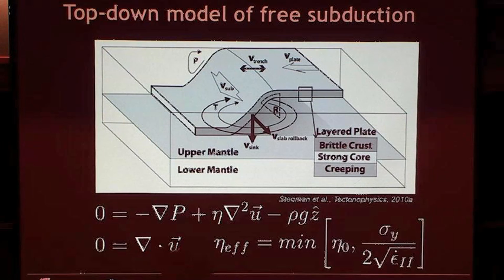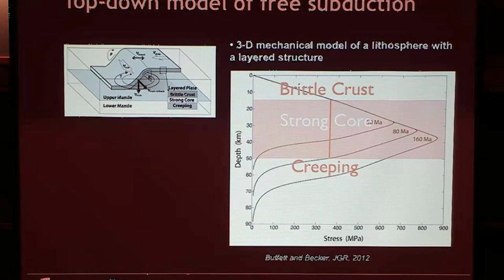And I just wanted to show what we've described empirically, through tweaking these models to make them look like Earth, and also with our sort of intuition, as a brittle crust with a strong core underneath and a creeping section underneath. And the part that's relevant for bending is the width of this strong core. It actually depends on that thickness to the cube.